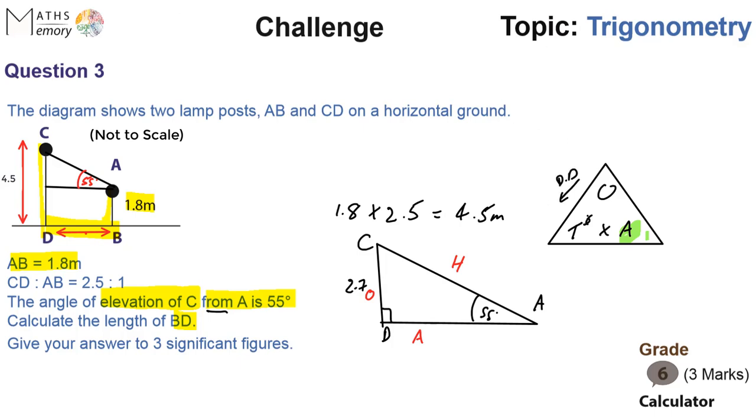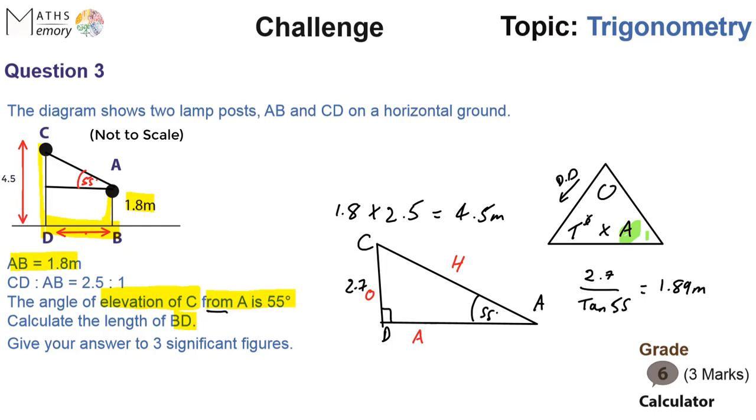So O divided by tan X is simply 2.7 over tan 55. And if we do this, 2.7 divided by tan 55 is going to give us an answer of 1.89 meters. Okay, 3 significant figures.